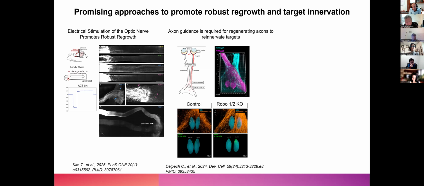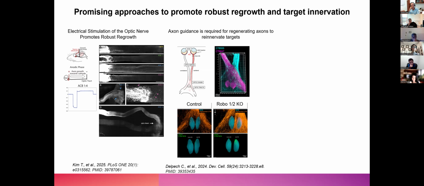But in this particular study, they show that the slit-robo signals are particularly important, especially at the SCN, which is one of the first targets that these axons innervate in the brain. By silencing Robo 1 and 2 conditionally, you can get more axons to re-innervate the SCN. And I believe a part of these are also the ipRGCs, so there's some specificity to that process just by silencing some of these repulsive signals.